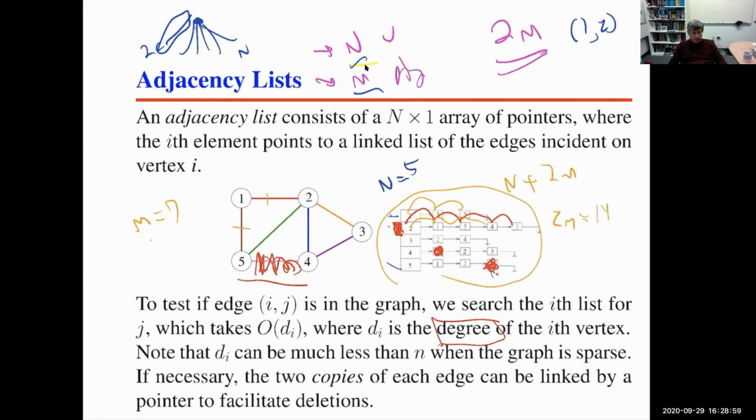Because every edge is represented by one number on two lists. Edge ij is represented by a j on i's list and an i on j's list. Thus, the total length of all those lists is 2m, plus I've got an array of linked list pointers, so I can find the ith list very quickly. That's why the total space here is n plus 2m.